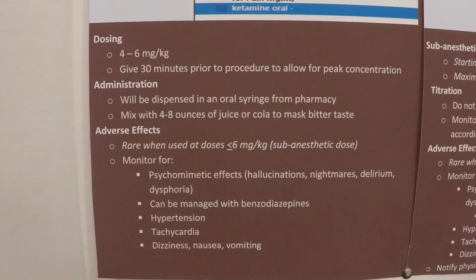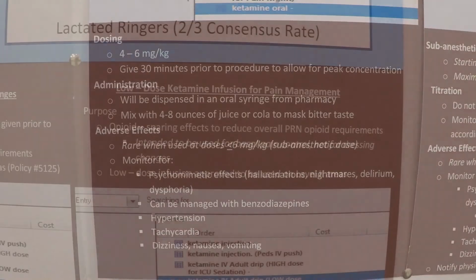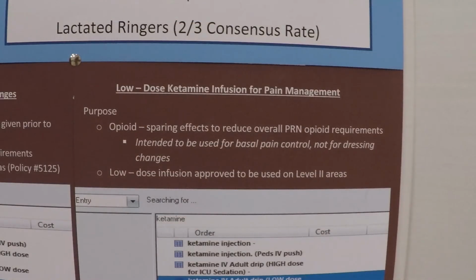Hypertension and tachycardia are also possible. You can really manage any psychomimetic effects with PRN benzodiazepines. And really, the only other thing is just the nausea and vomiting, which again is helped out by the juice being mixed with it.